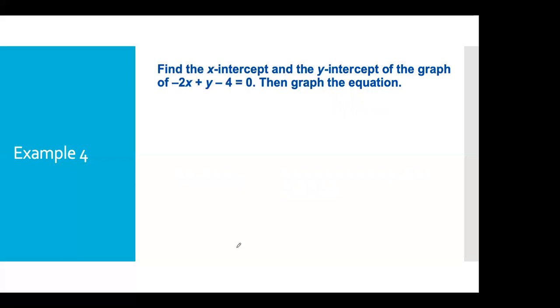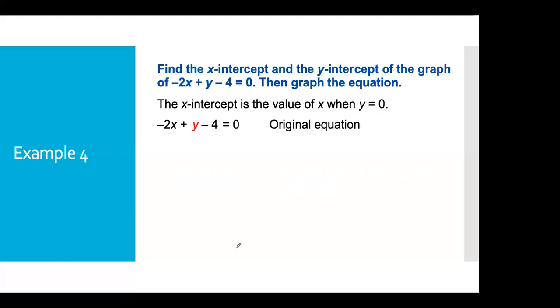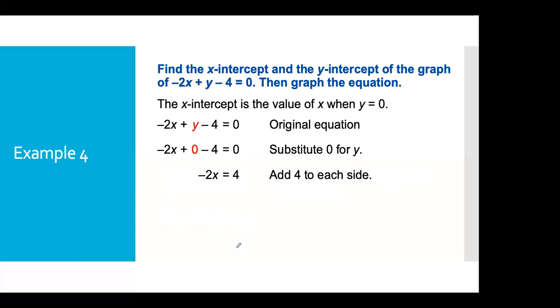Example 4, find the x-intercept and the y-intercept of the graph negative 2x plus y minus 4 equals 0, and then graph the equation. So the x-intercept is the value of x when y is 0. So that means we're just going to take our original equation and substitute 0 in for y. And so now we have negative 2x equals 4, because what they did here is they went ahead and added 4 to both sides.